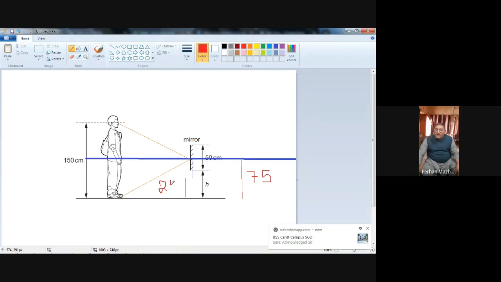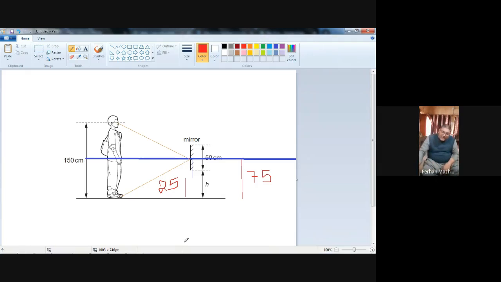It will be 25. This will be 25. Okay. It's a very tricky question. A very, very tricky question.